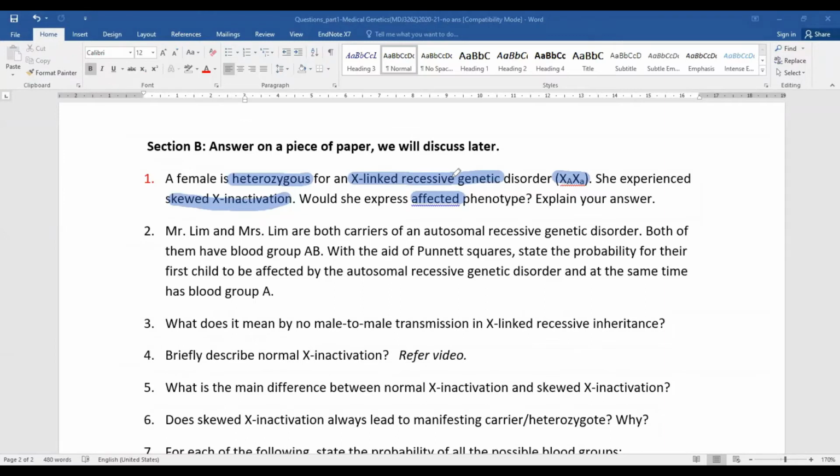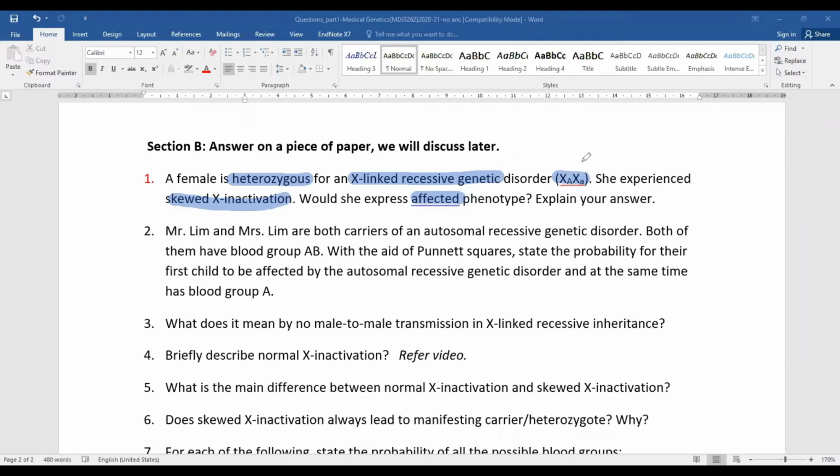Is there any possibility that she may not express affected phenotype? Is the answer definitely yes, or does it depend? I think it depends. Depends on what? It depends on the preferred inactivation of the maternal or the paternal X chromosome.